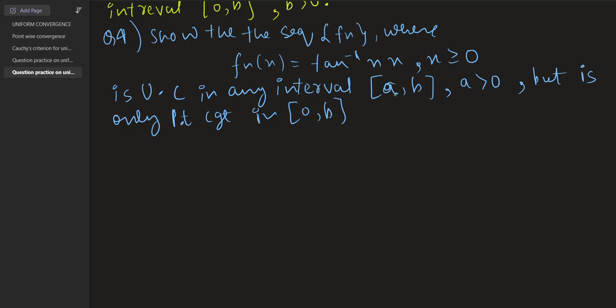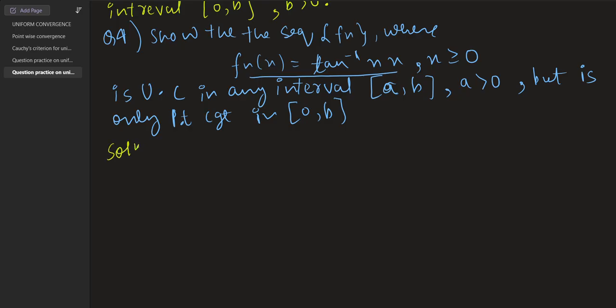So we have to show that this fn(x), which equals tan inverse nx for all x greater than or equal to 0, is uniformly convergent in (a, b), where a is greater than 0, but pointwise convergent in (0, b).